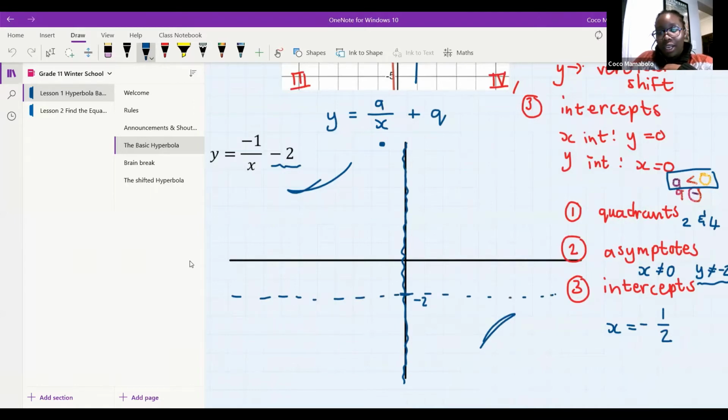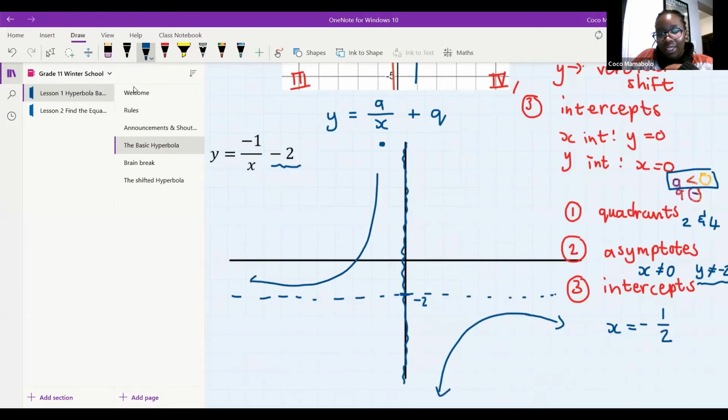Then I know that my one graph sits on this side. This one doesn't really matter over here. And then my other graph will sit on this side. But remember, because we have an intercept, this point over here, x is equal to -1/2.